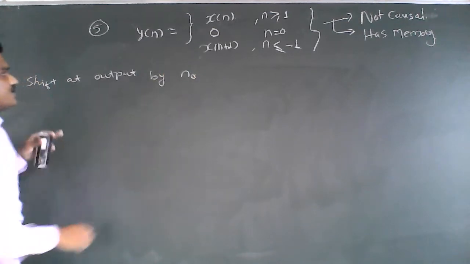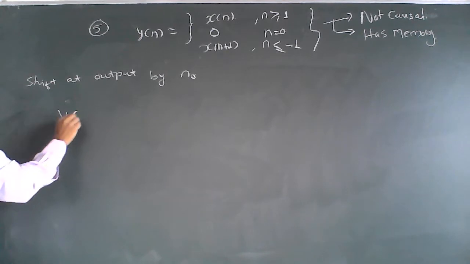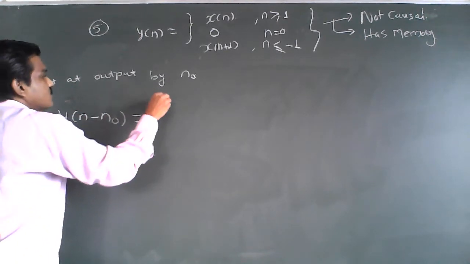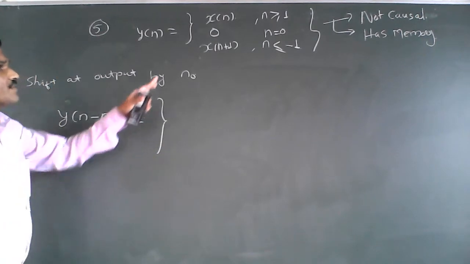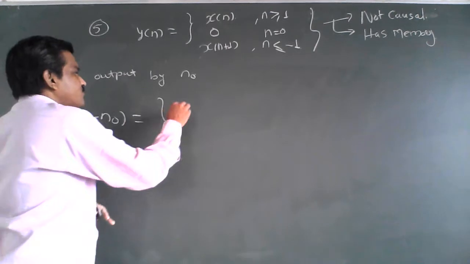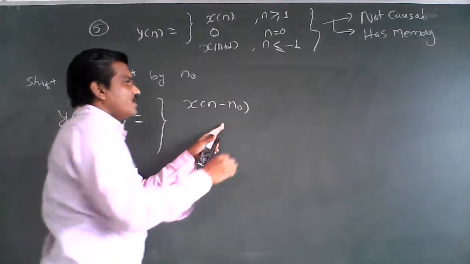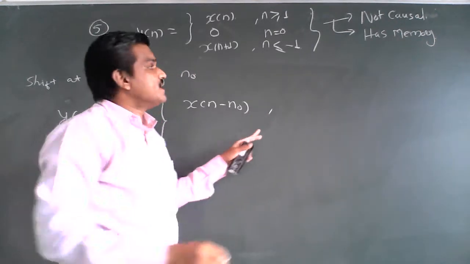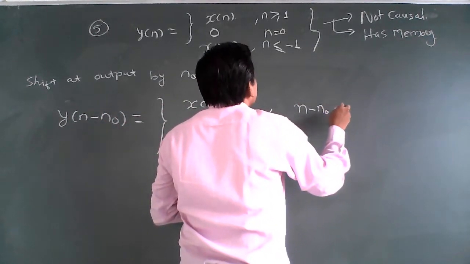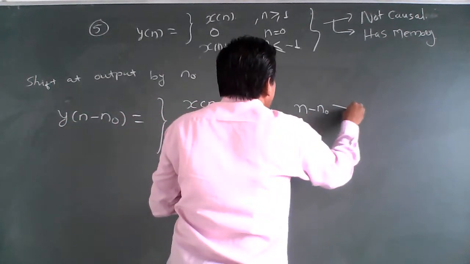If we shift the output by n0, what will happen? y of n minus n0 equals x of n minus n0 for n minus n0 greater than or equal to 1.